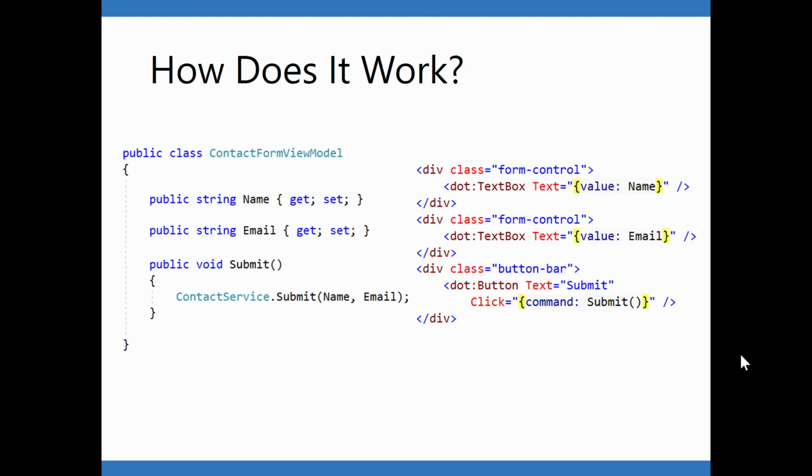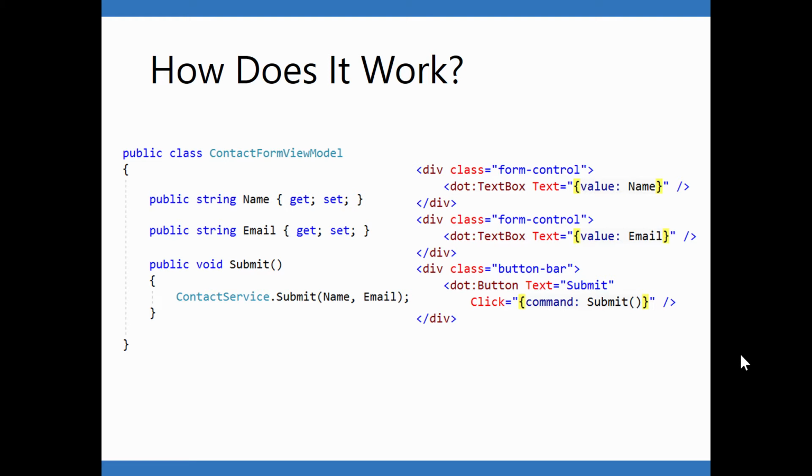So how does it work? I said that DotVVM is MVVM framework, and the idea is that you write view models in C#, and your views are in HTML, and there are several extensions to the HTML. So you can see there is something like dot text box.